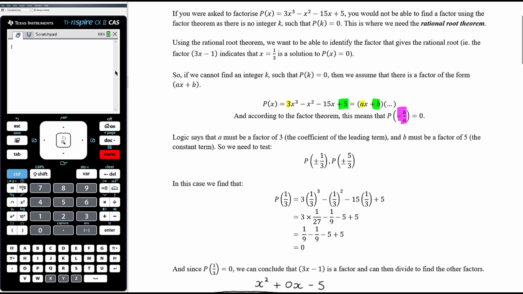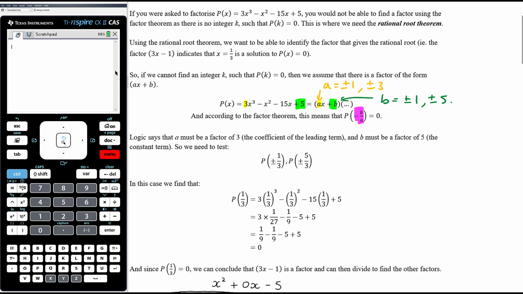So a is going to have to be plus or minus 1 or plus or minus 3, and b has to be plus or minus 1 or plus or minus 5.